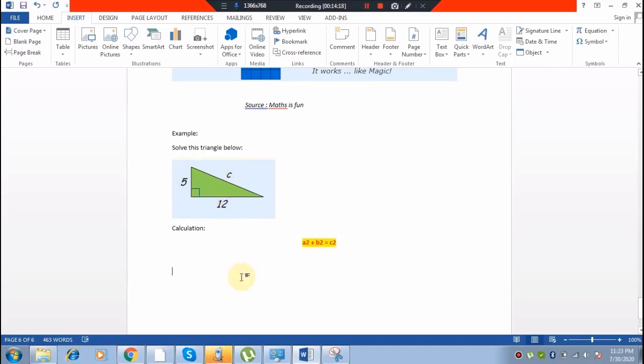So according to our formula, 5 plus 12 squared is equal to C squared.